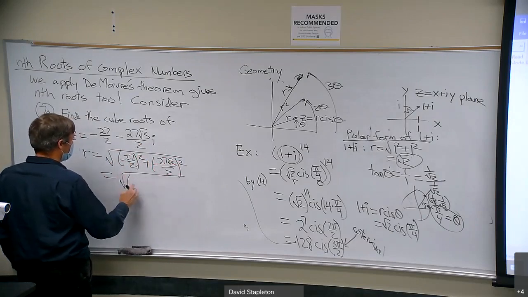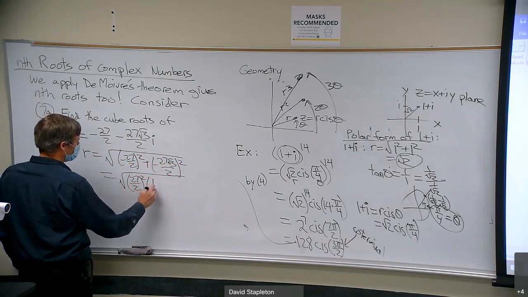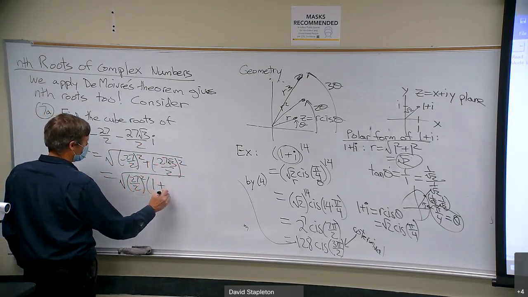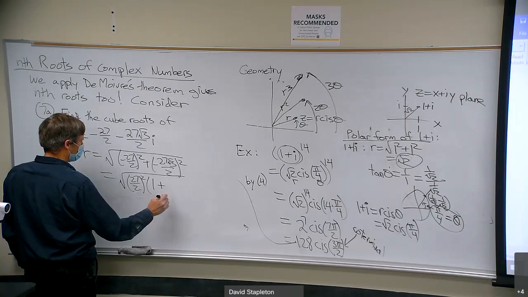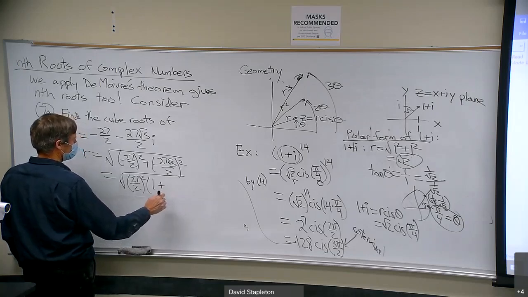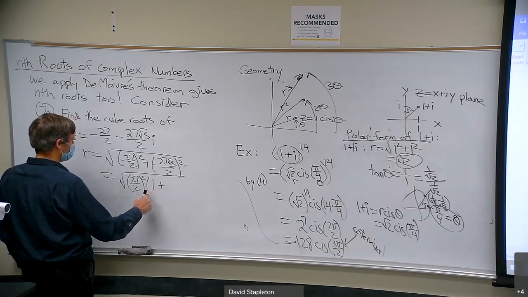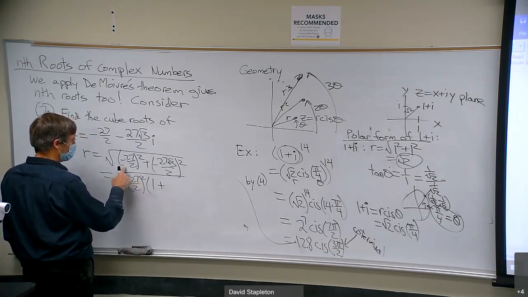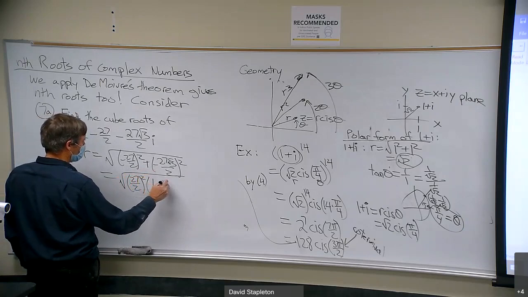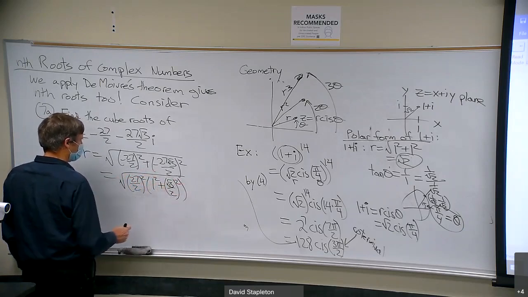Here's the algebra. Write it as 27 over 2 squared times 1 plus 3 over 2, so 1 squared plus square root of 3 squared here.